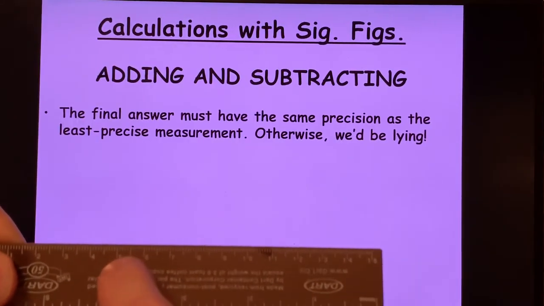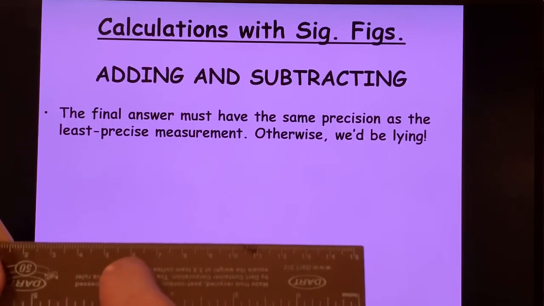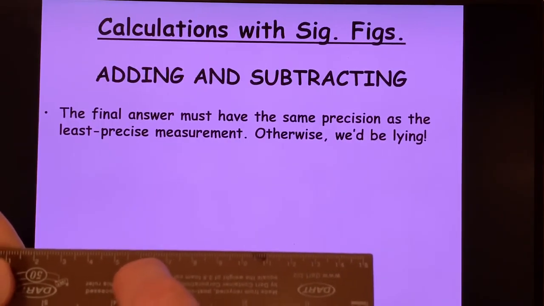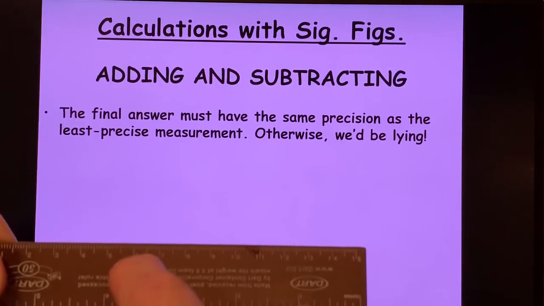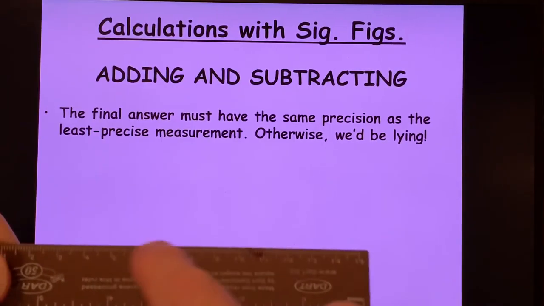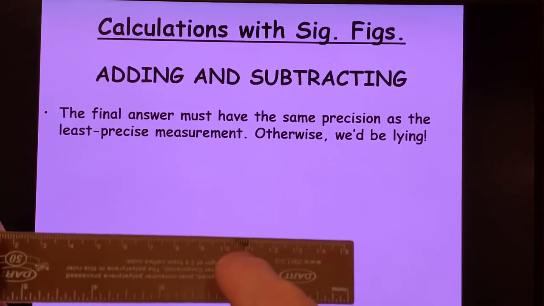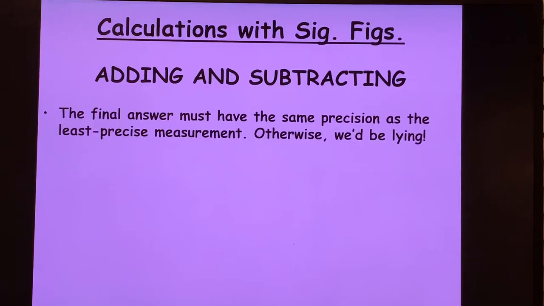These little lines are 10th lines. So I could be like, 5.55 or something like that, but I can't say it's 5.556, because that last digit would be a lie, because this instrument doesn't measure to that place. That's what we're talking about here. We don't want to be liars. And that's why we have to round. That's why we have to do it correctly.